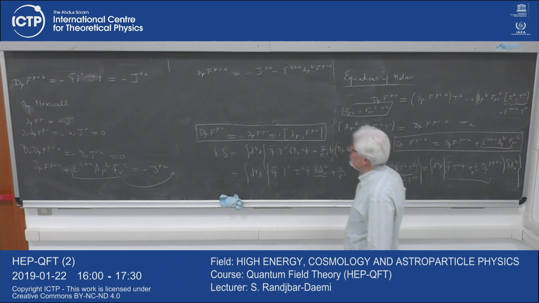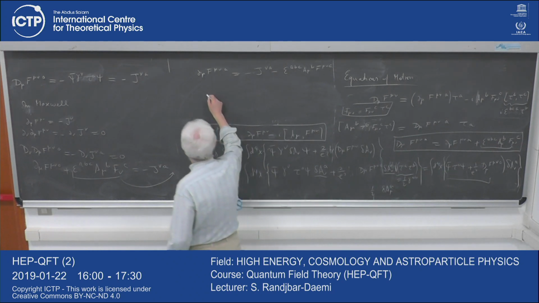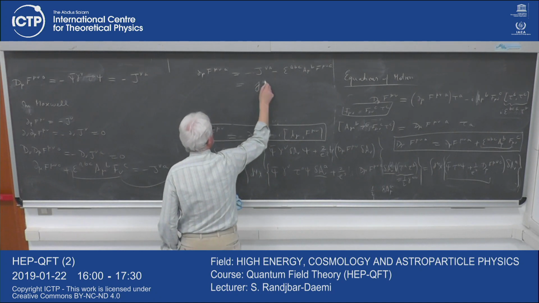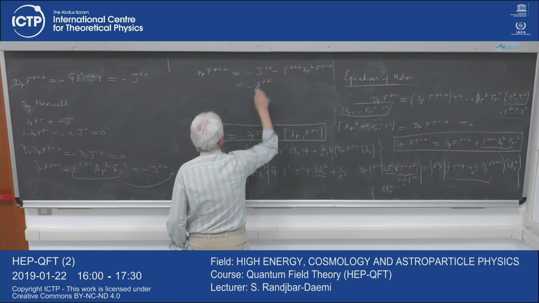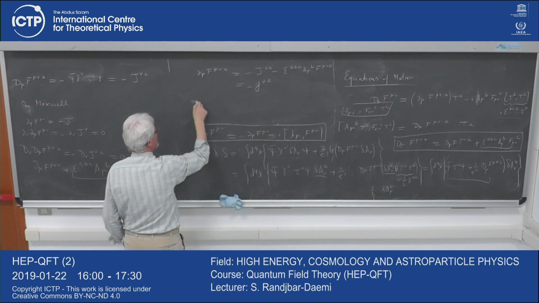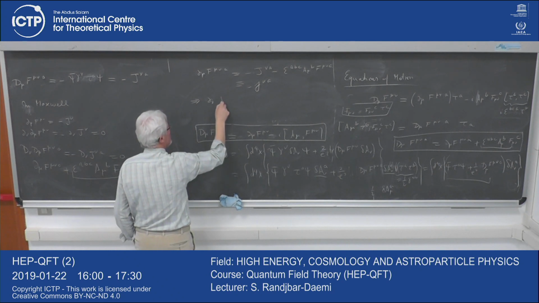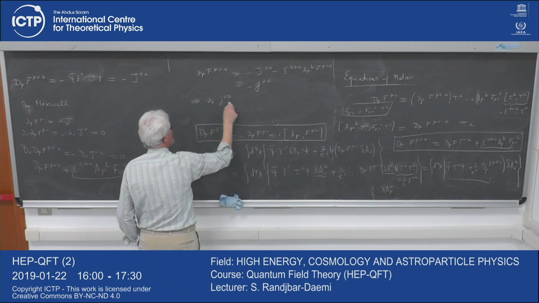If you hit with the d nu, the left-hand side has to be 0. Therefore, let's call this minus G A nu. And from here, it follows that d nu G nu A equals 0.